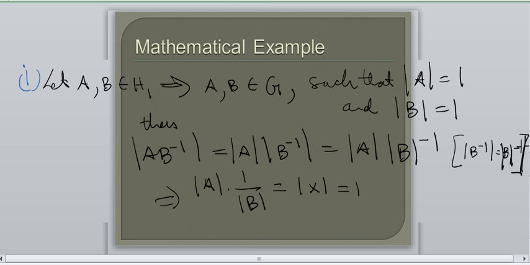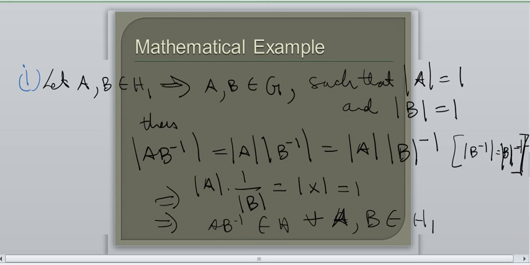If this part has happened, that implies that A B inverse belongs to H1, for all A, B belonging to H1.